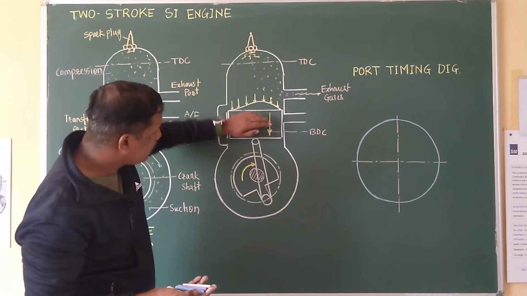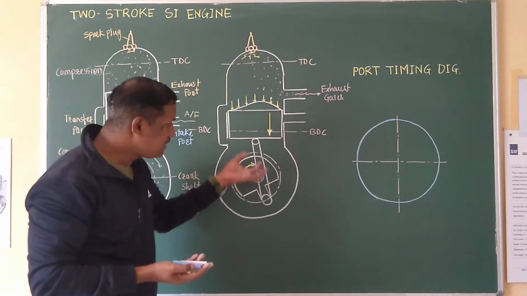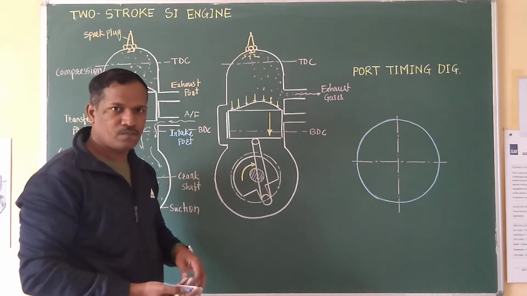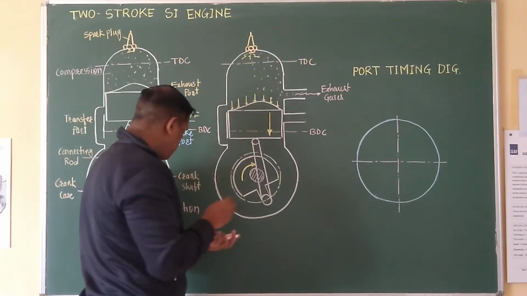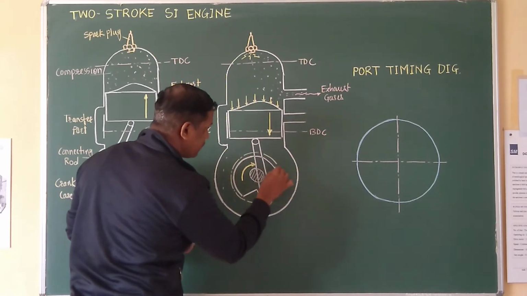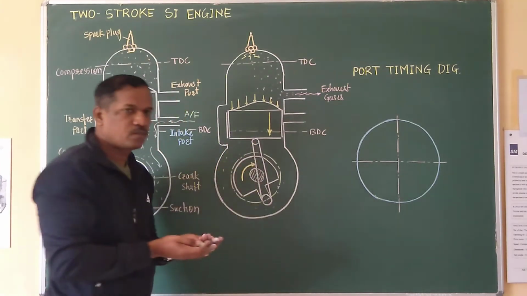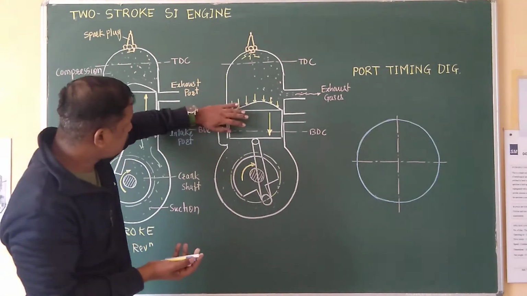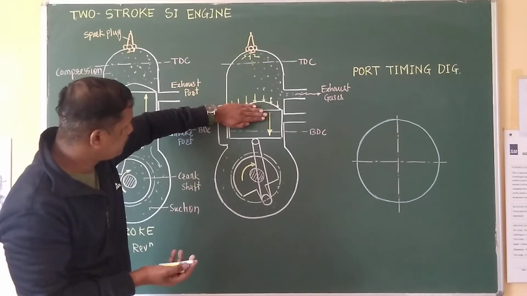But not all the pressure is released, because whatever pressure is applied on the piston, the piston is still moving towards BDC. During its movement, when the intake port gets closed by the piston, the exhaust gases can move outside due to their own pressure.